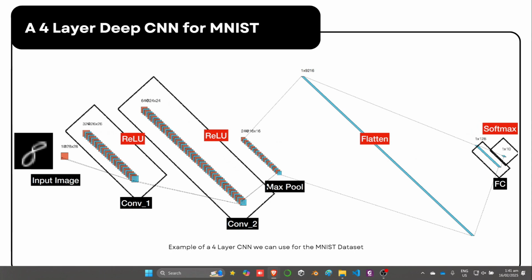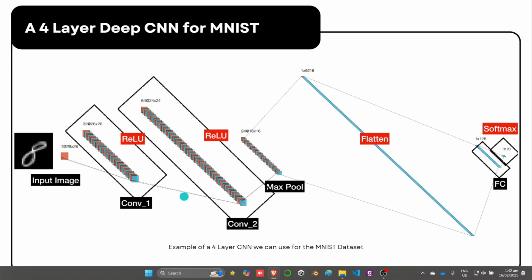So let's take a look at this. Now this is a 4-layer CNN. A lot of times people may be confused, counting ReLU as a layer, or the flatten operation as a layer, or max pool as a layer. Technically, those are layers, yes, but in our modern terminology, those aren't really considered layers.